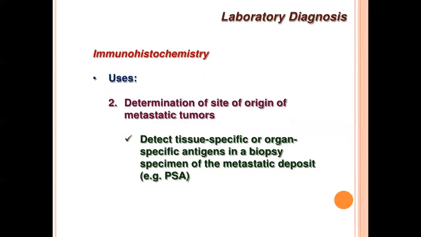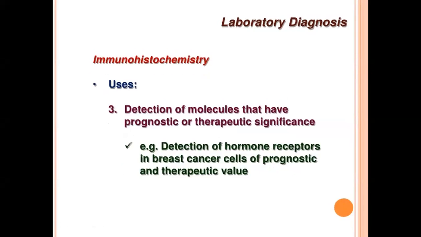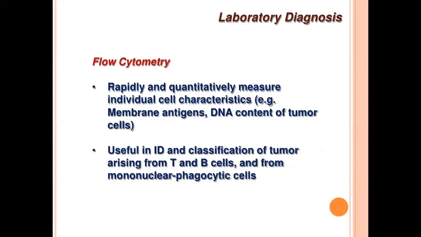It detects tissue-specific or organ-specific antigens in a biopsy specimen of the metastatic deposit, for example PSA. It is also used to detect molecules that have prognostic or therapeutic significance, for example, detection of hormone receptors in breast cancer cells, which has prognostic and therapeutic value.